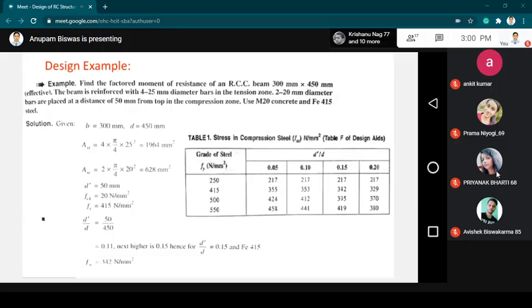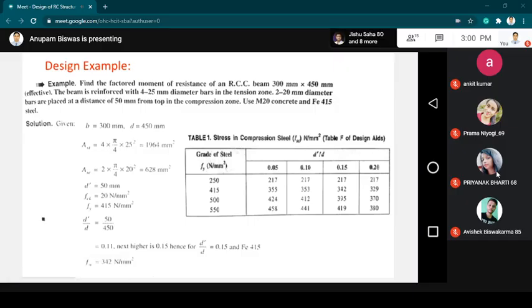So from here, since d dash is given, d dash by d ratio is 50 by 450. We will get, and for the corresponding grade of steel, that is Fe415, we have to check which value of FSC is coming for the d dash by d ratio. So here we see that the d dash by d ratio is coming 0.11.